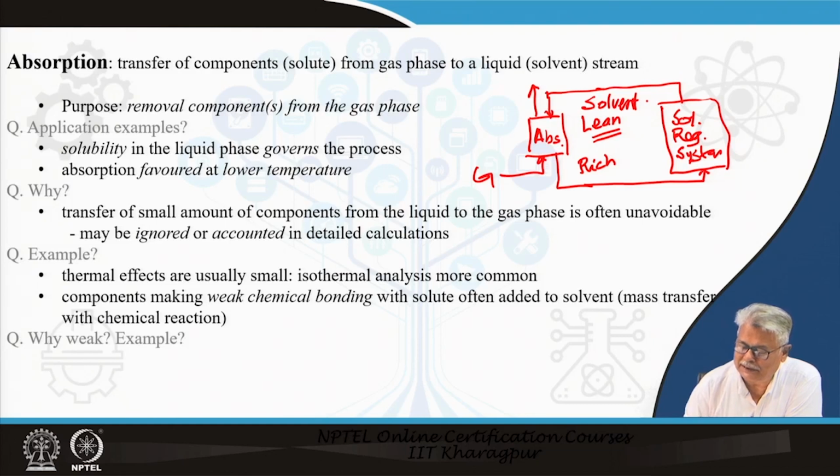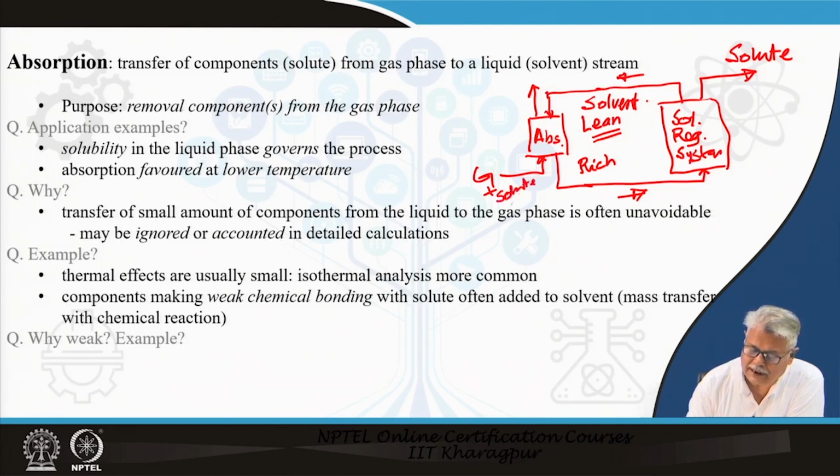You will notice one thing, there is a flow of solvent from the regeneration system to the absorber system, and from the absorber system the rich solvent goes back to the solvent regeneration system. And in this, quite naturally, you have something which is out, and what is it? It is basically the solute. So, this contains the gas plus the solute, and the solute leaves from this stream.